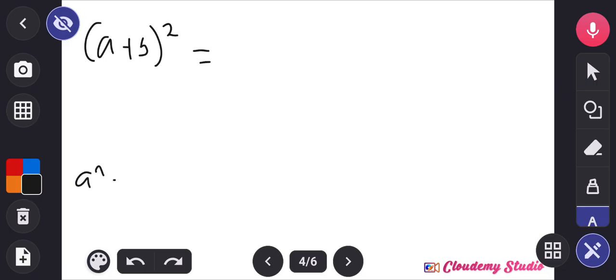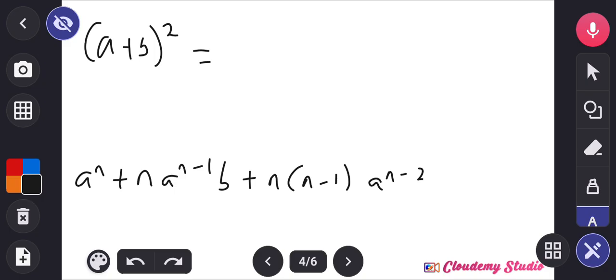A raised power of n plus n a raised power of n minus 1 b plus n into bracket n minus 1 a n minus 2 b 2 divided by 2 factorial, right?